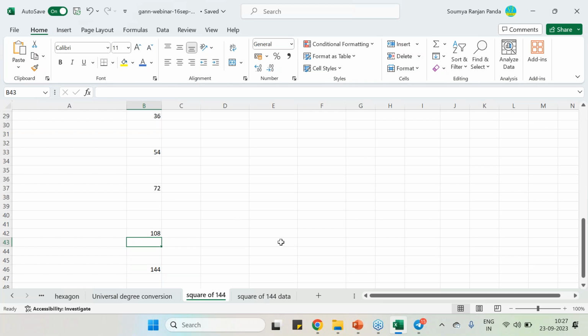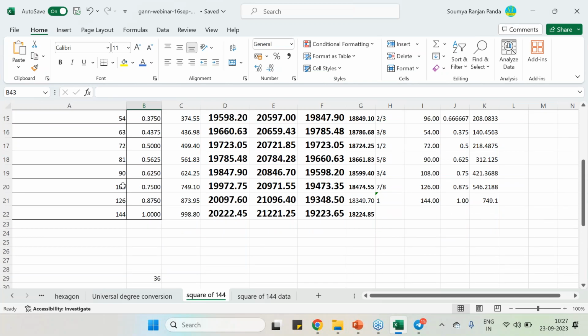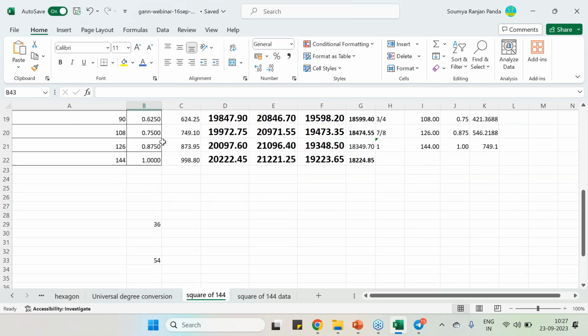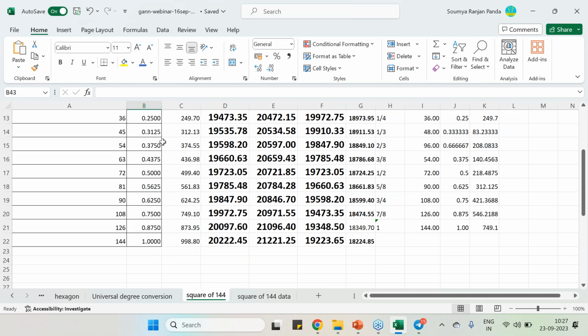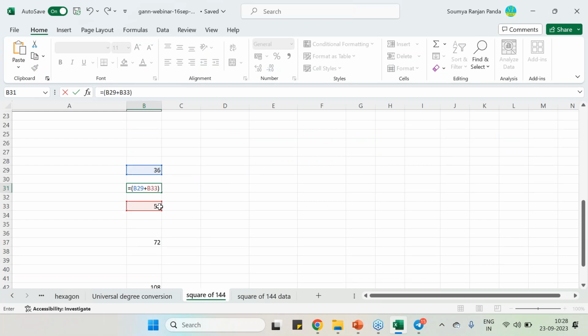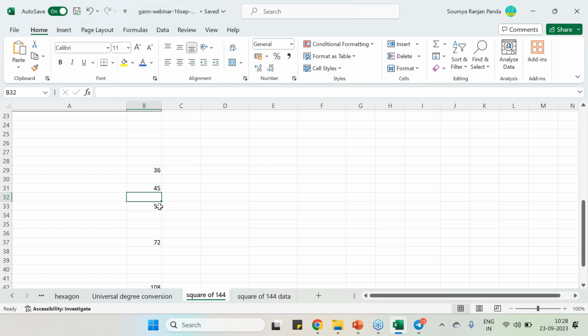So how many have we got now? Now you got 5 numbers: 144, 72, 54, 36. You have got 54 and 36. Now go to the mid of 54 and 36. 36 plus 54 divided by 2, you got 45.